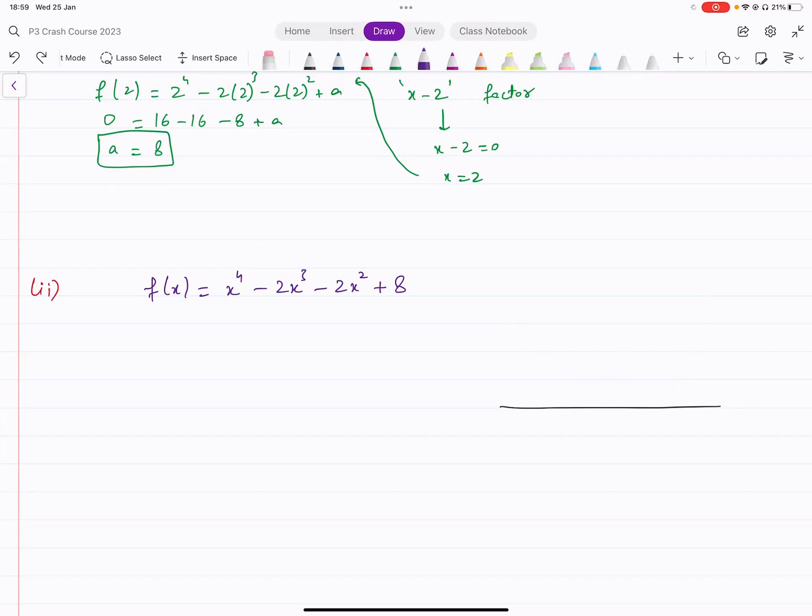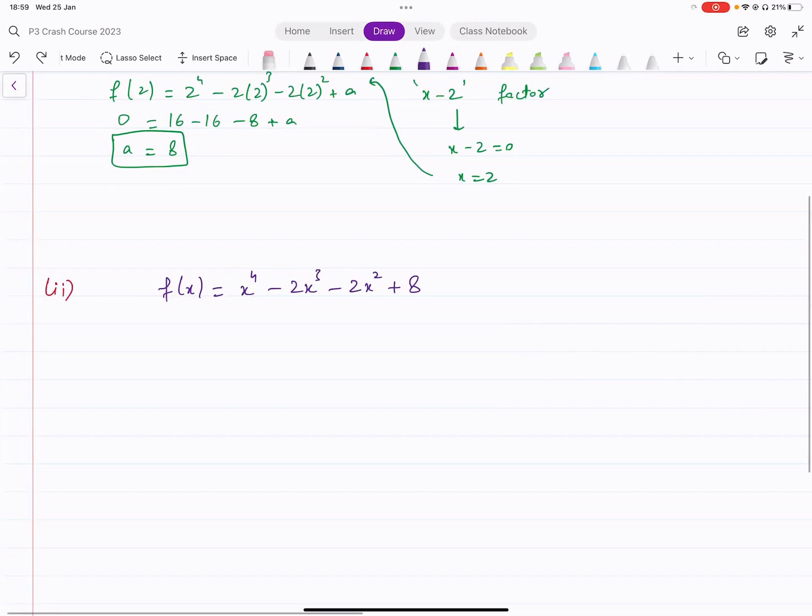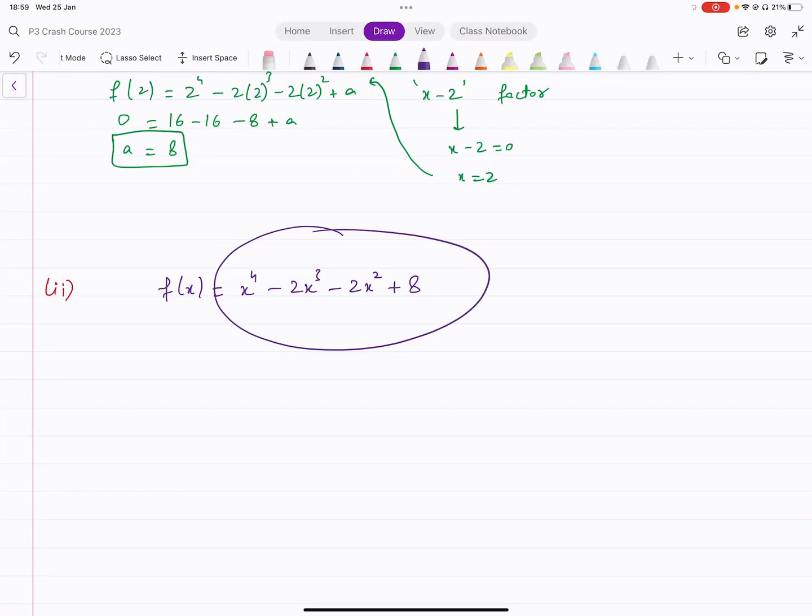Now, the problem is we don't really know anything about quartic functions. We don't know much about power 4 functions. We don't know how their graphs look. We don't know what their turning points look like. We don't know much about this function. So as we do for solving equations, we break such polynomials down to smaller factors.